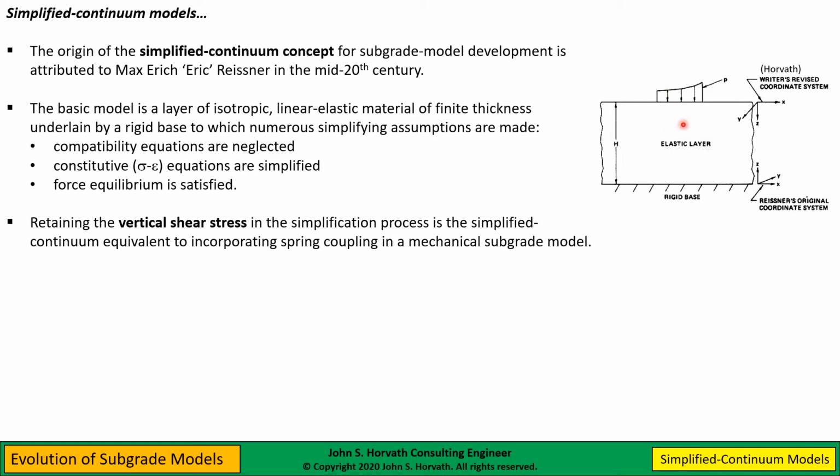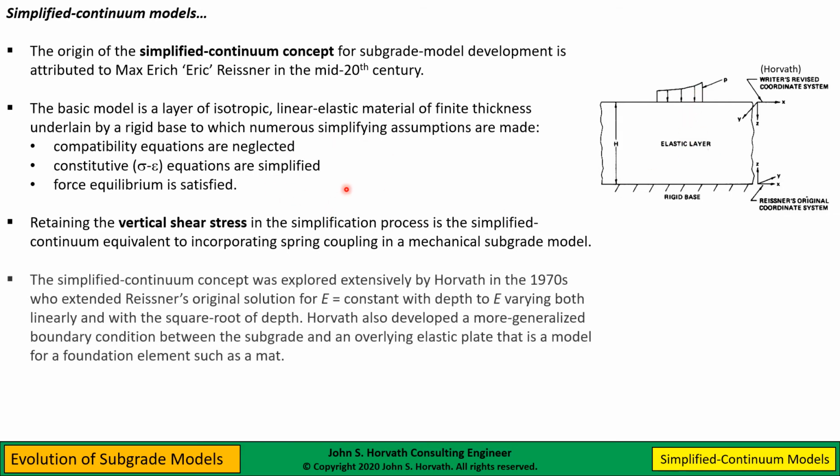You remember earlier I said that when you're developing a subgrade model, you need to focus on the key parameters in that particular application. Obviously settlement is the primary one, but if we want inherent spring coupling in a subgrade model, we need to include vertical shear stress. That's a parameter that we need to retain in the simplification process.